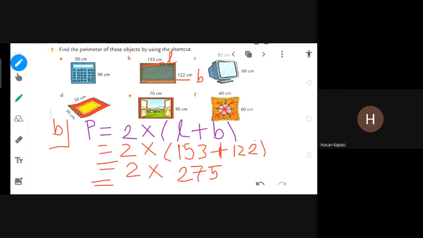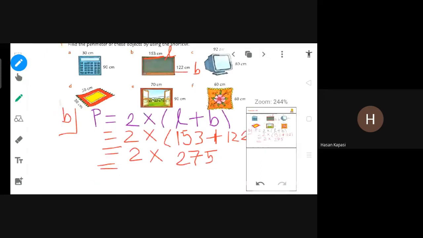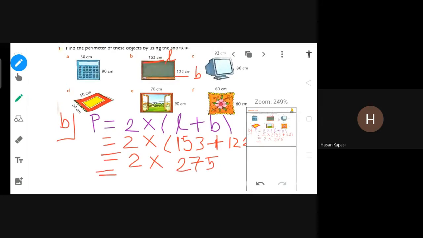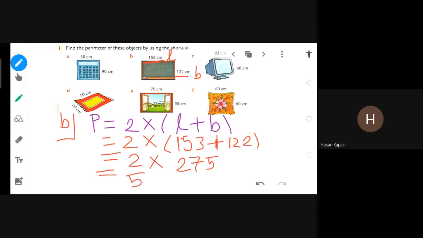Then multiply. Now we multiply, means we double it. Ma'am, answer is 550. Yes. And here centimeter is written, so centimeter also.